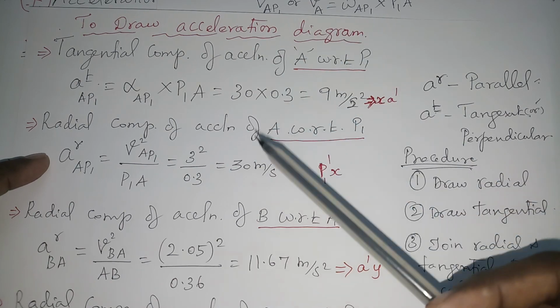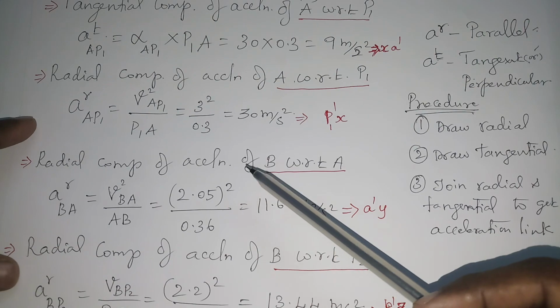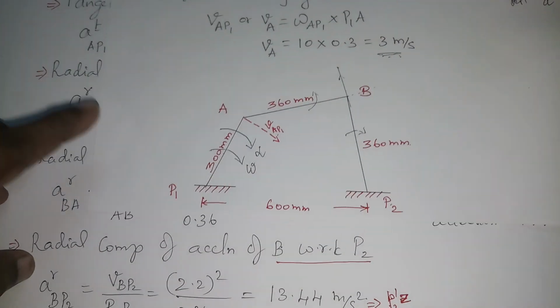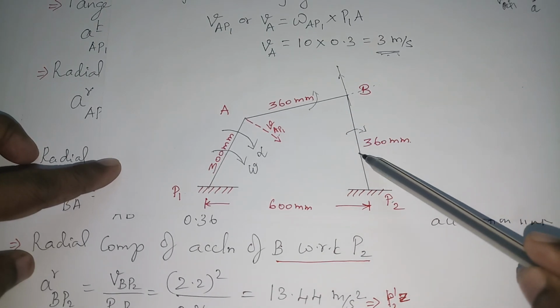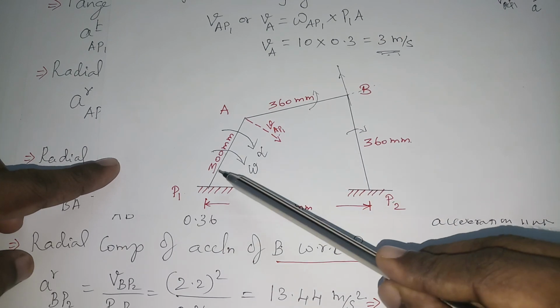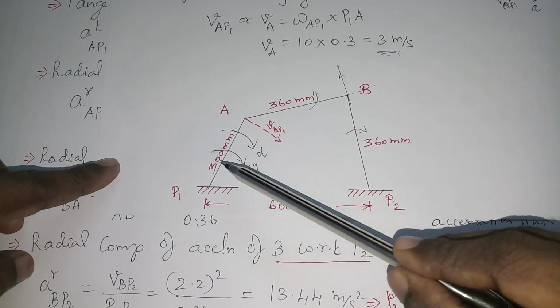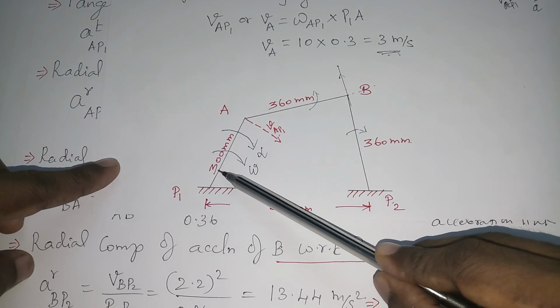For the intermediate link, you will not have the tangential component. You will have only radial component. For these two links, you will have only radial component. You will not have tangential component. Whereas for the input link, since alpha is given, you will have tangential as well as radial component.